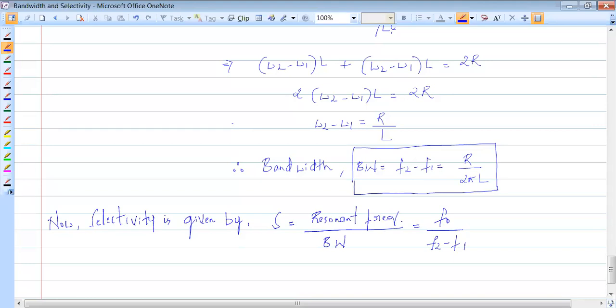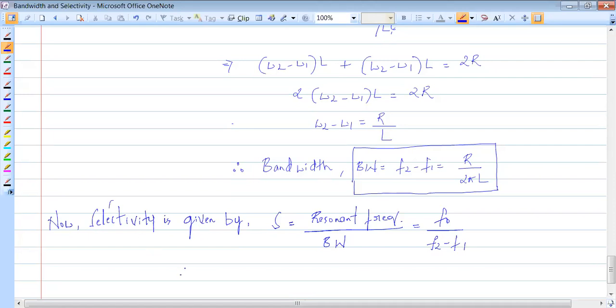Everybody understand? So selectivity is given by the resonant frequency by bandwidth. Resonant frequency is f naught and bandwidth is f2 minus f1. And we just now have derived what is f2 minus f1 in terms of the system components. Okay, we shall write that.